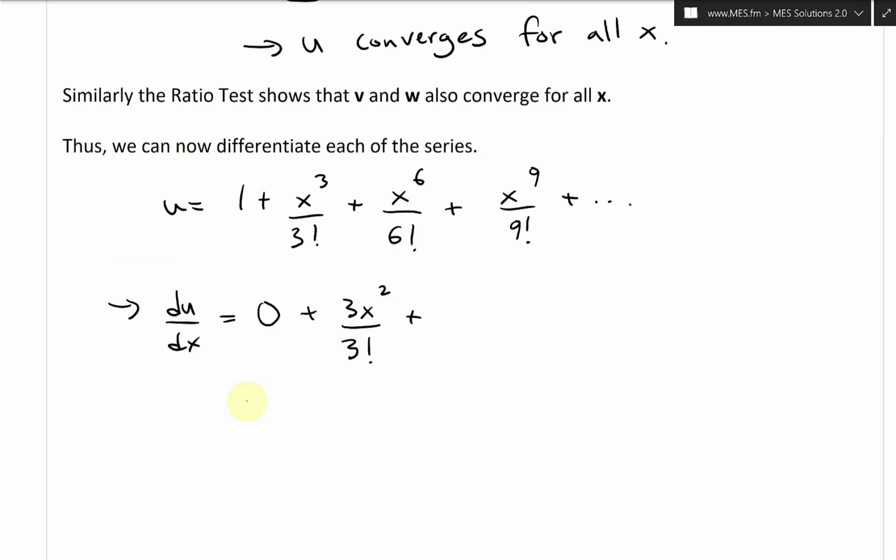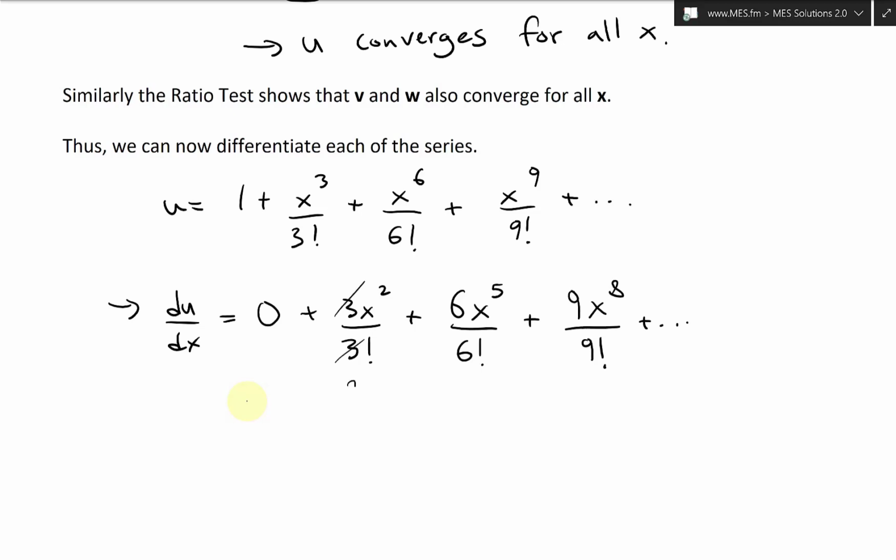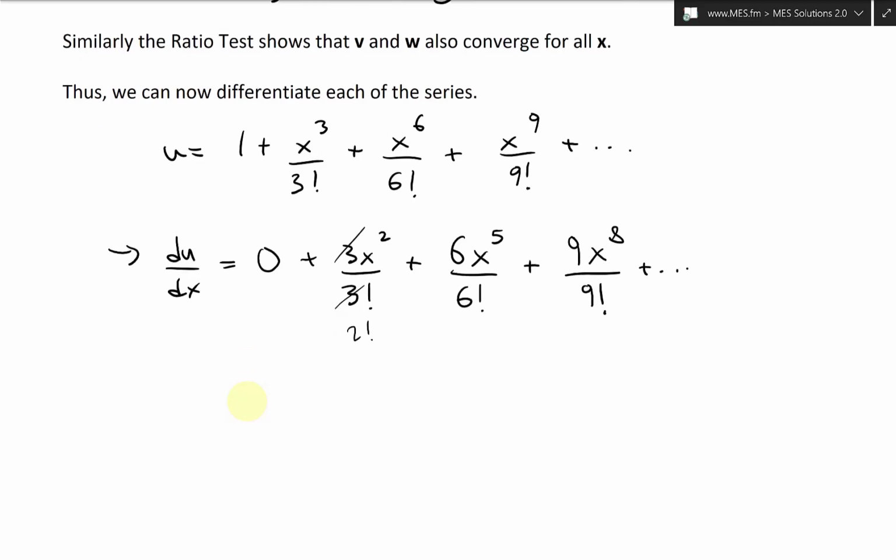And the next one is plus, put the 6 down, 6x to the 5, and this is going to be 6 factorial. Plus the 9 goes down, x to the 8, subtract 1. Now we have 9 factorial plus dot dot dot. And then what happens is, well, this cancels with this, we're left with a 2 factorial and so on. Do that with all of the others.